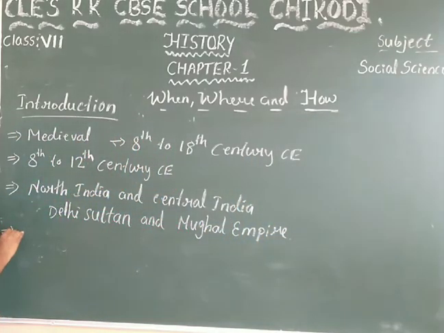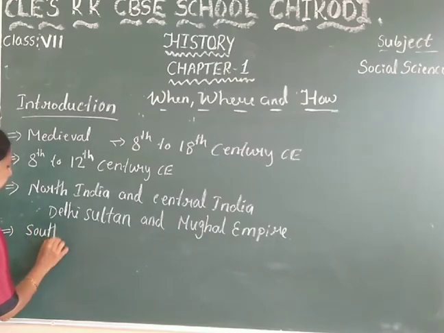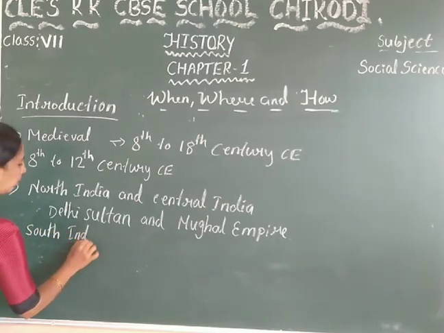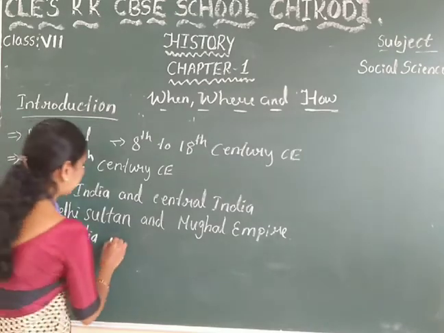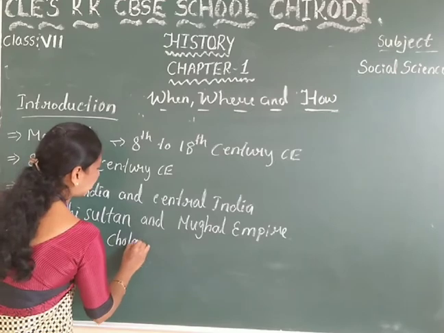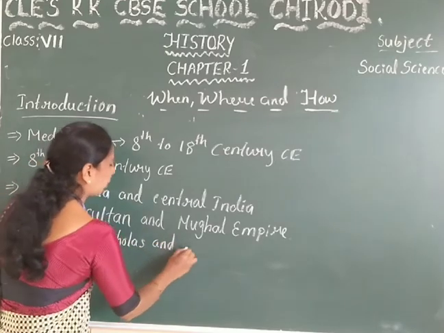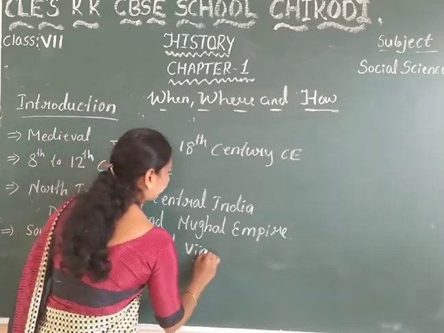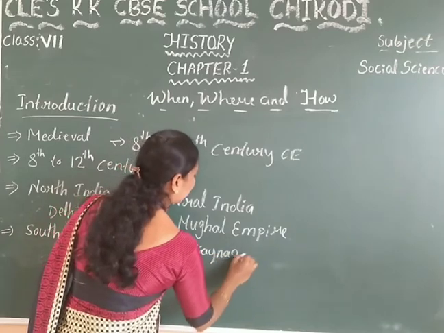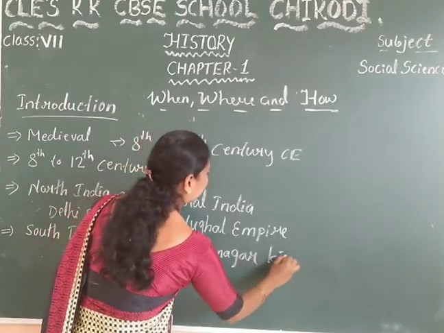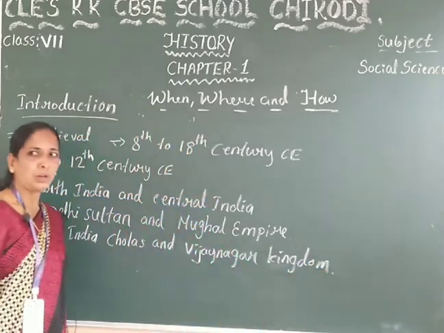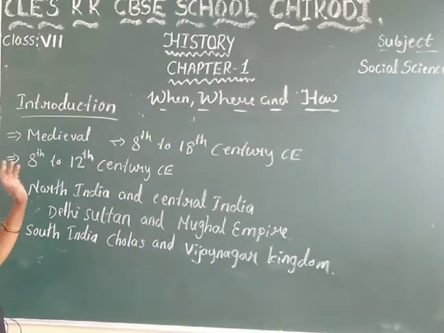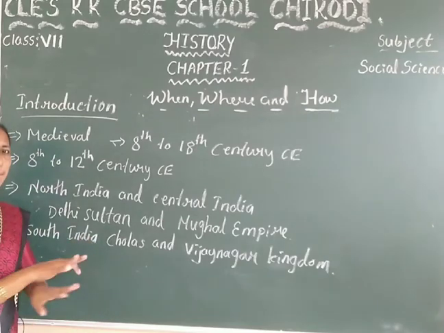And at the same time, in South India, see here, the Cholas and Vijayanagara kingdoms rose and fell between the 8th and 12th century.